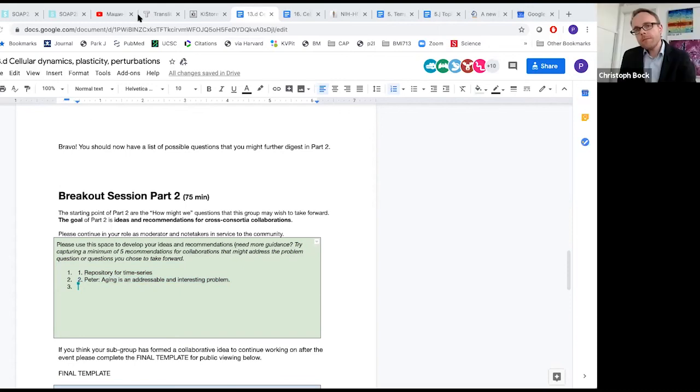Alexander? Yeah, I'm going to continue on this topic of what we started in temporal analysis, but not from the point of aging, but rather from the point of different outcomes. If the system is perturbed, and I think it's particularly important for the immune system, but maybe also for some epithelium-rich organs, will it actually come back to the same state, or will it form some new stable state in response to this?